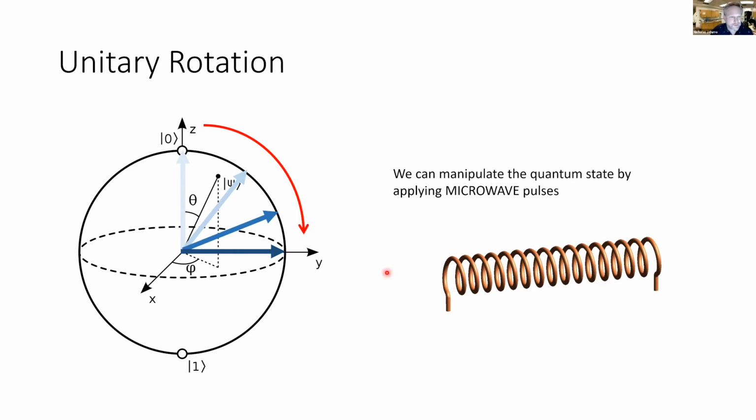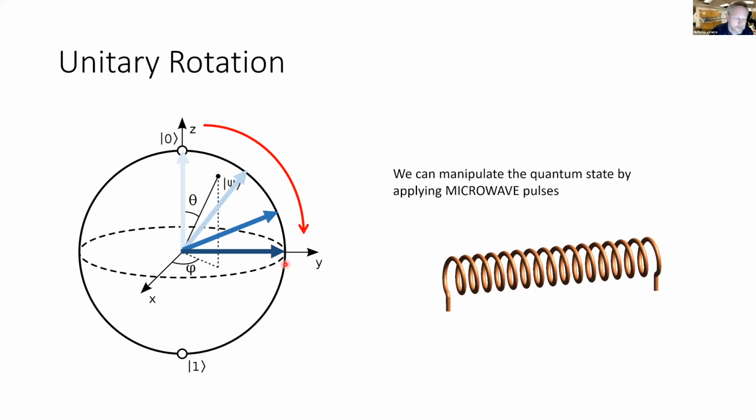For example, if you're in the 0 state and you want to create a superposition of 0 and 1, we can rotate this state all the way down like this by using microwaves. What that means in practice is that we have a little coil near our sample, and we can pulse this coil with a voltage at microwave frequencies, and it will make the state rotate around.